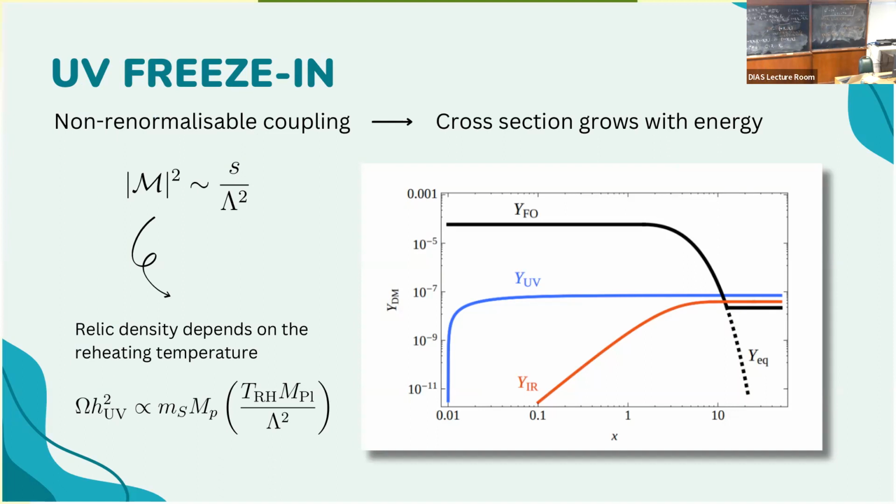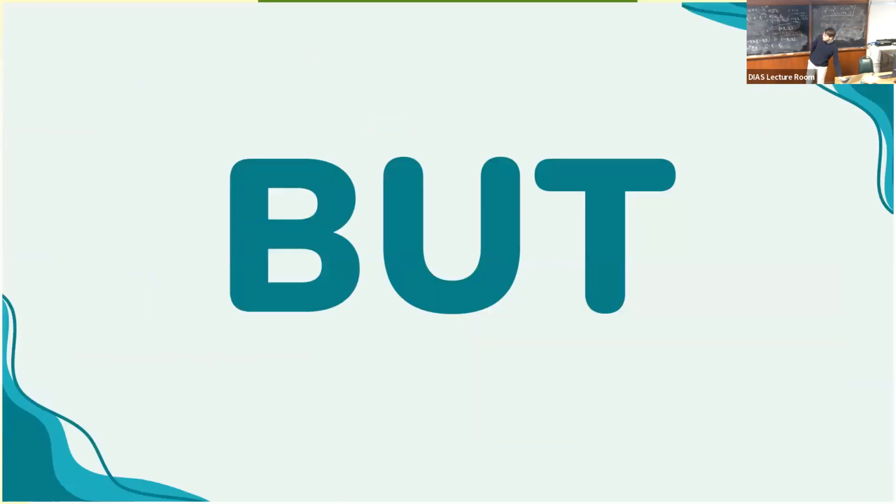Assuming instantaneous reheating, that is at the reheating temperature. So your omega squared, your relic density, also depends on the reheating temperature. Here you can see the blue curve has a bump at the reheating temperature and then pretty much remains constant. So this is the general picture of freeze-in, but we have some problems.